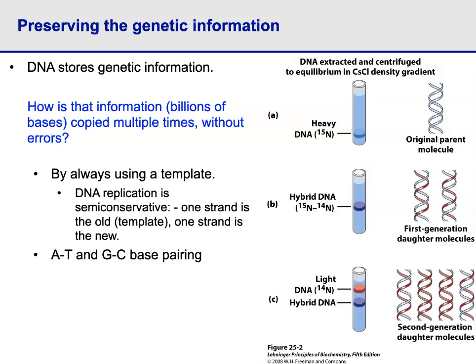How is it possible that genetic information, billions of bases, has been copied thousands if not millions of times without errors? Now, by saying without errors, the same DNA, that's a relative term.